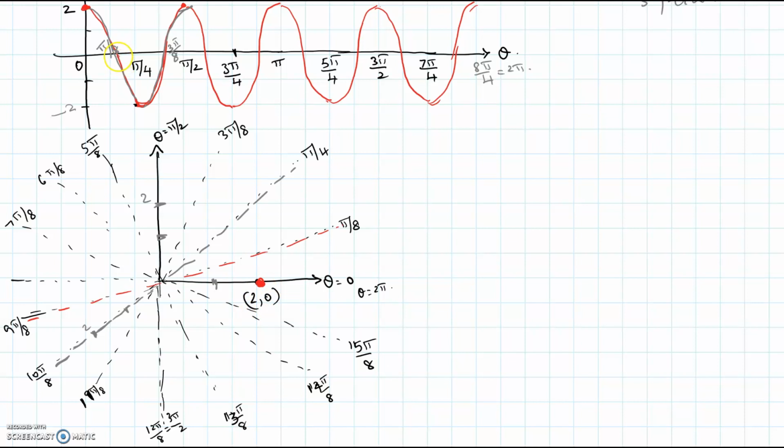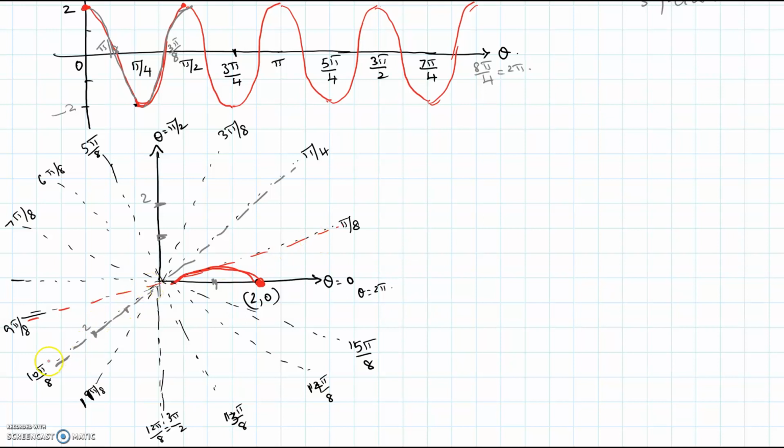Then at pi by 8, the graph decreases and goes to 0, so you get this piece of the graph. Between pi by 8 and pi by 4, the graph is on the opposite side, because r is negative.